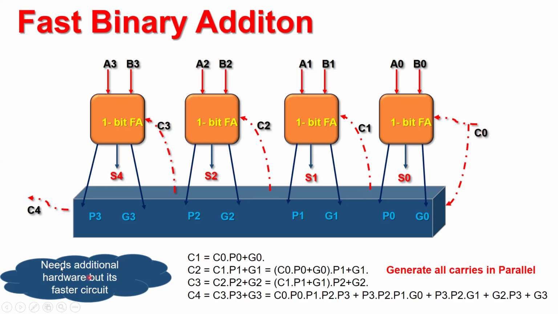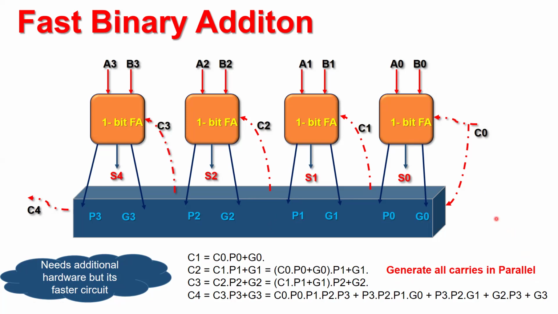So you see that this carry look ahead adder needs additional hardware, but it is a faster, efficient circuit. The complexity of the hardware goes up, maybe power consumption goes up, but due to the generation of all carries in parallel, you save a lot of time in carry propagation delays, and that's what makes sense.